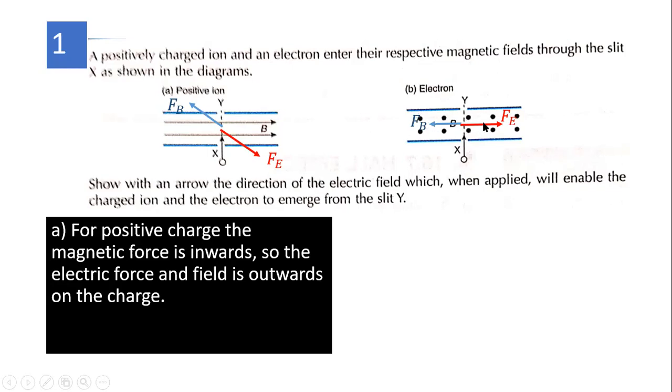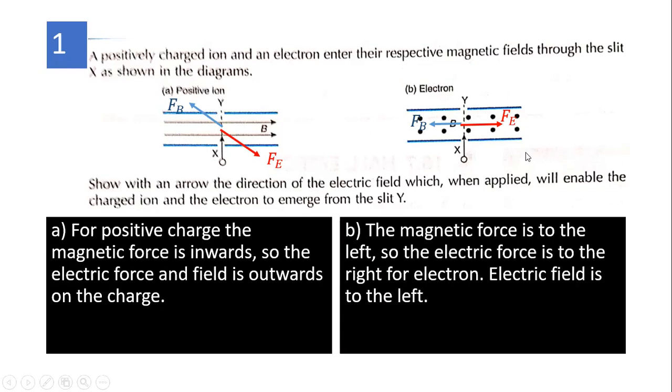Then your electric force must be to the right. Remember, it's acting on the electron. So the electric field is to the left, which means the positive plate must be on the right-hand side to attract the electron.